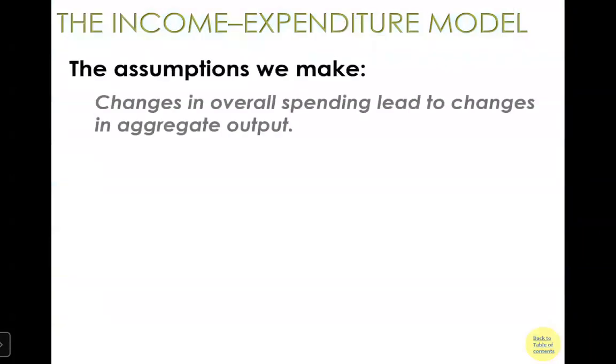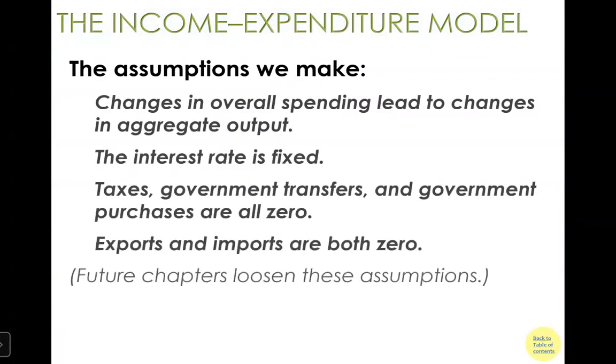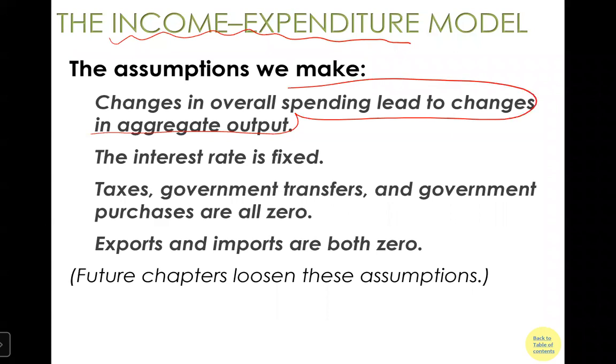All right, so now let me introduce this income expenditure model. To understand this model, or to simplify the analysis, we are going to make a few assumptions. Number 1 essentially says we are going to focus on the demand side.